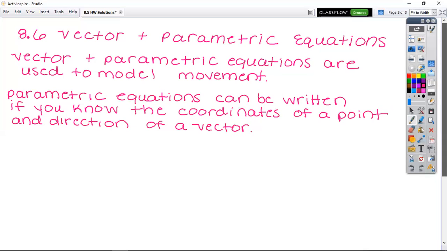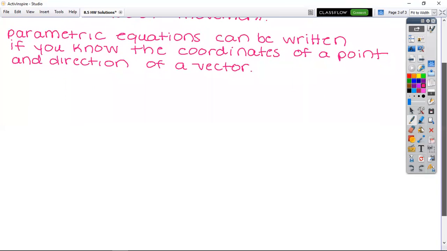All right, so the first one we're going to put into your notebook is called a vector equation, and that is right on the top of your formula sheet. It also means the vector form of a line.